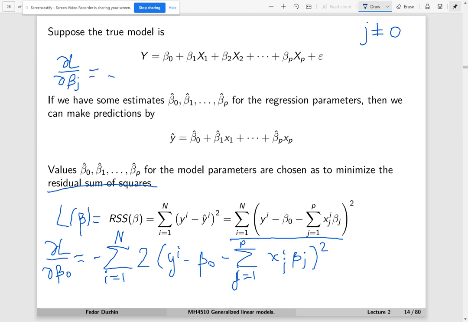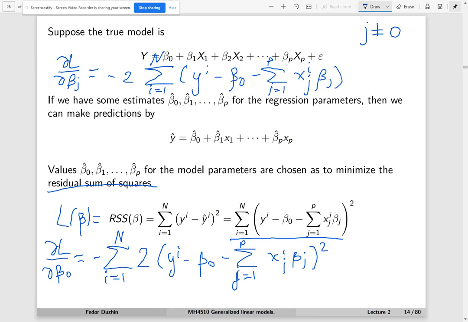It's still going to be minus 2 times the sum over i from 1 to n of the same thing, yi minus beta 0 minus the sum over j from 1 to p of xij beta j.